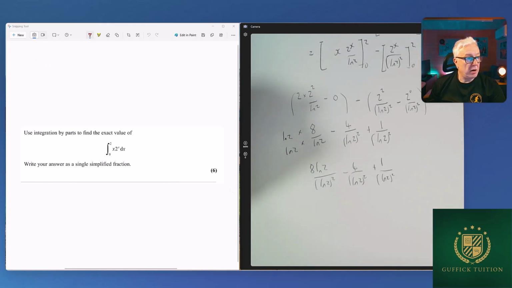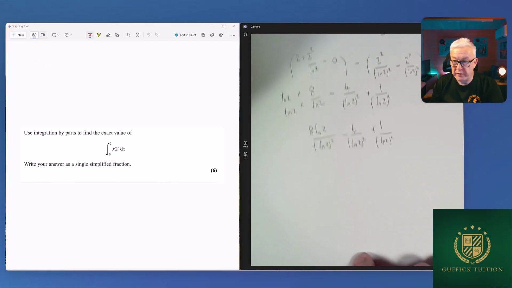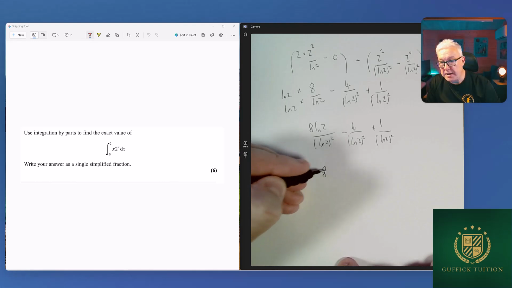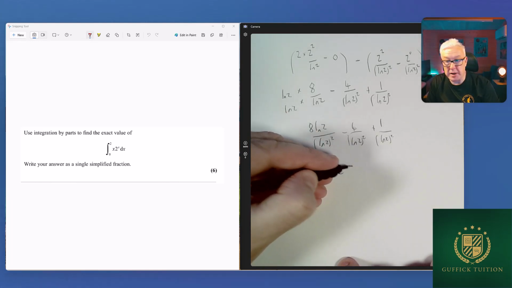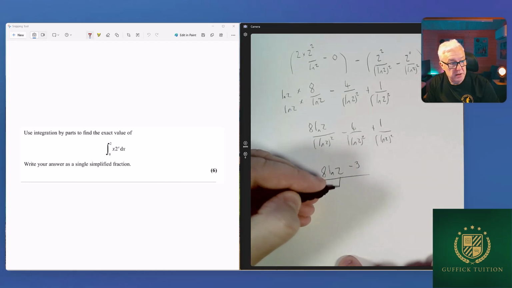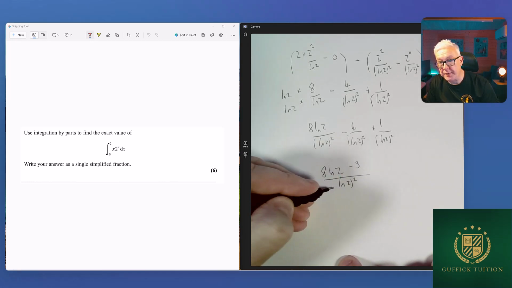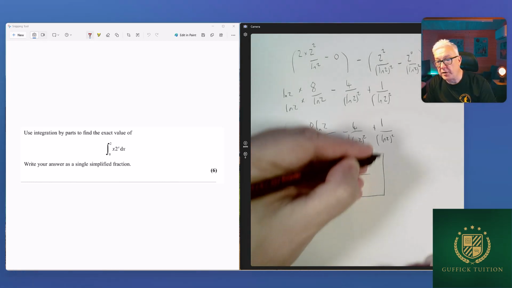Okay. All right, so now we can just gather all of that together over one fraction, and that gives us 8 ln 2 minus 4 add 1, which is minus 3, all over ln 2 squared. And that is our final answer.